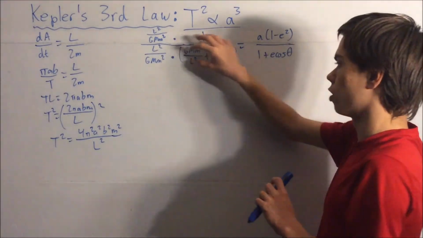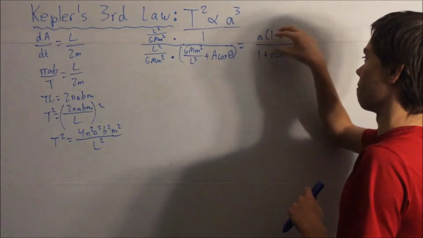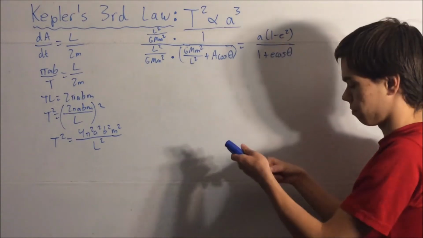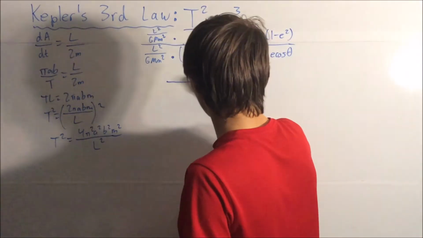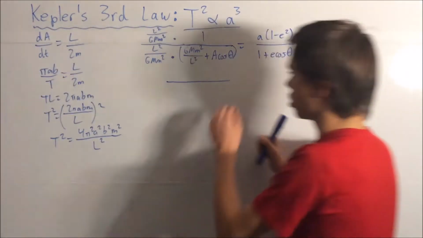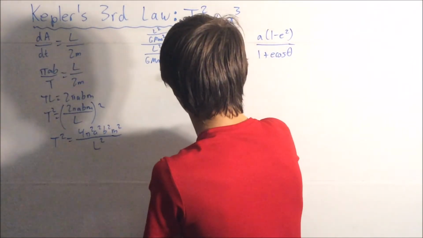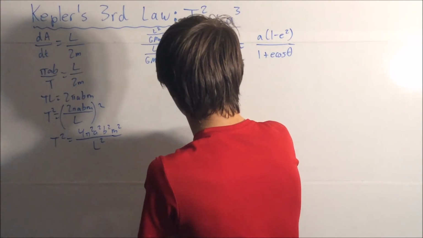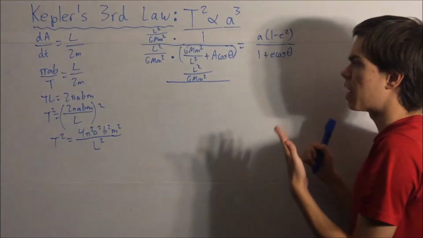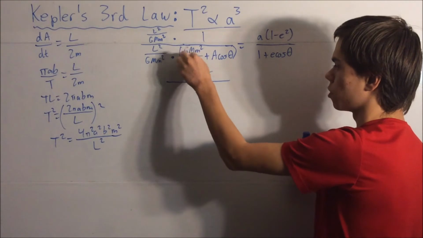So next we're going to try and clean this up so that it's in the same form as this expression. In the numerator, we just get L squared over GMM squared. Now in the denominator, I'm first going to focus on the first term right here.